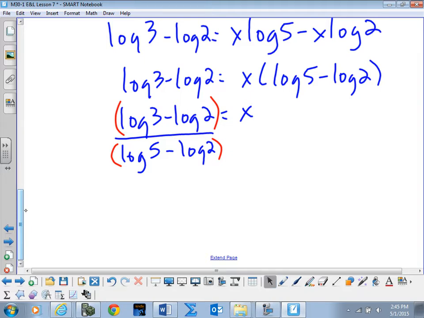Put that in your calculator. Let's see. I'm going to type in the numerator, log 3, close bracket, minus log 2, close bracket, enter, divide by, bracket, log 5, close bracket, minus log 2, and I get 0.44.